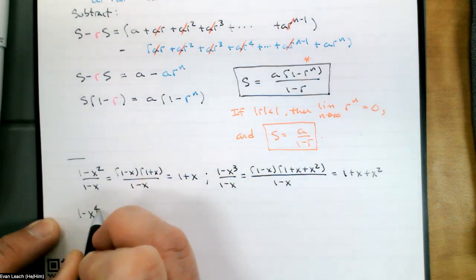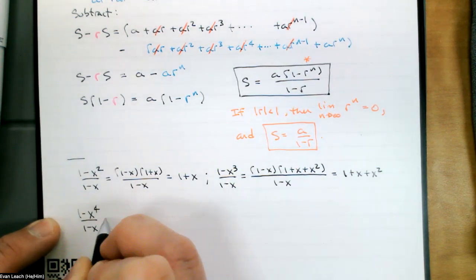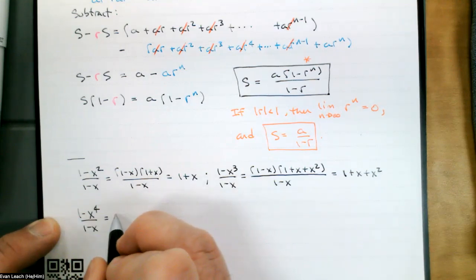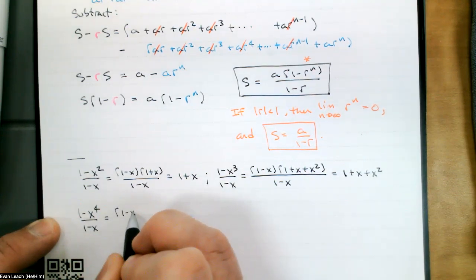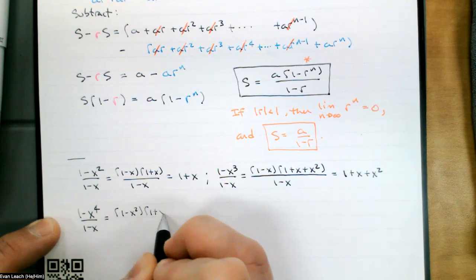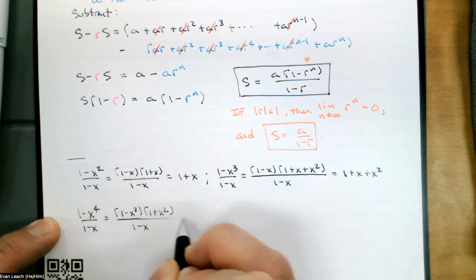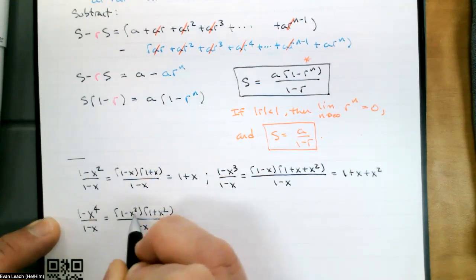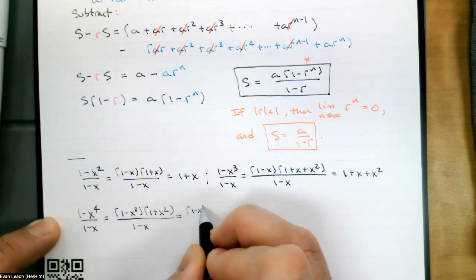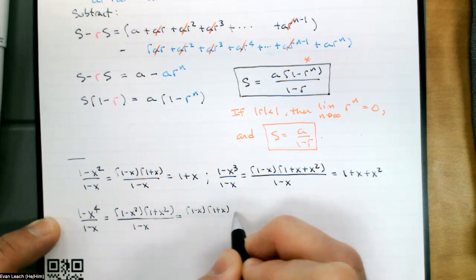If we have 1 minus x to the fourth over 1 minus x, when we factor 1 minus x to the fourth, it factors to 1 minus x squared times 1 plus x squared. And then we can factor the 1 minus x squared to 1 minus x and 1 plus x.